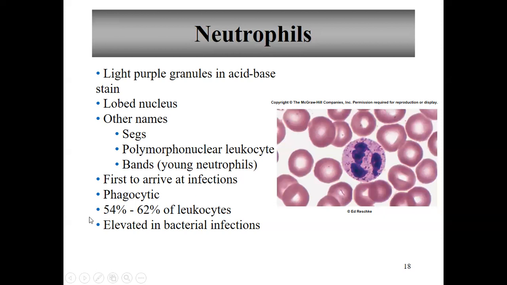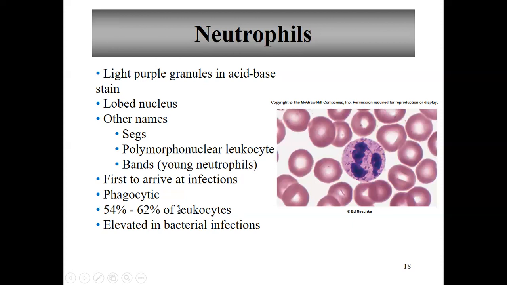More than 50%, so 54 to 62% of your white blood cell count is neutrophils. So of the total amount of white blood cells or leukocytes in a healthy person on any given day, you should have 54 to 62% of your white blood cell count be neutrophils.